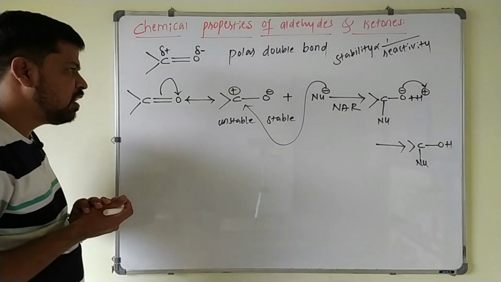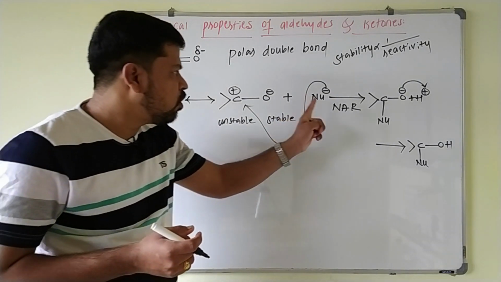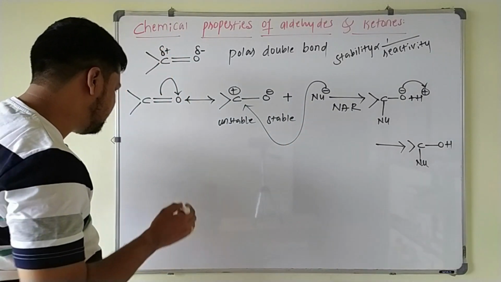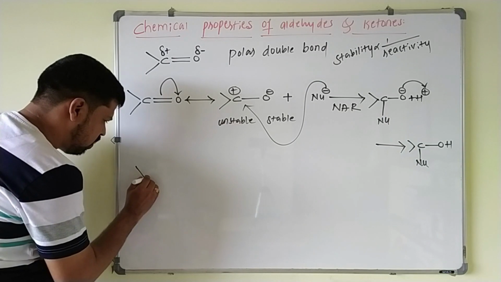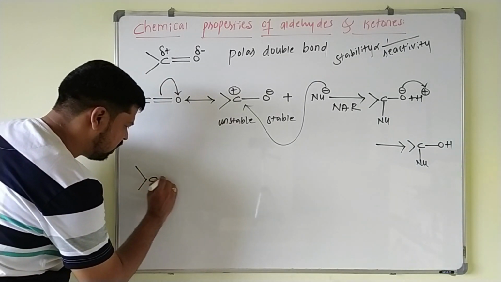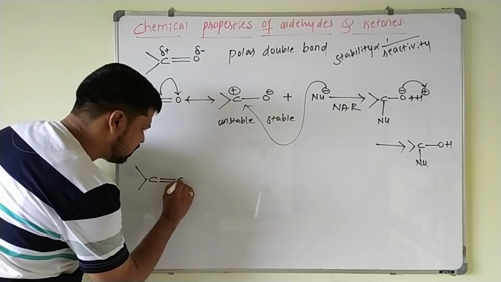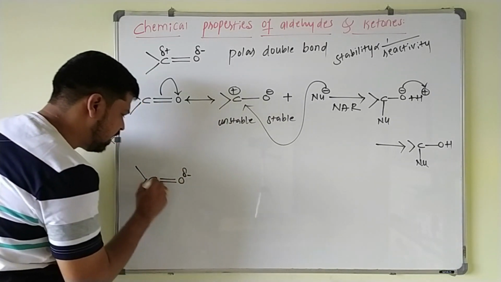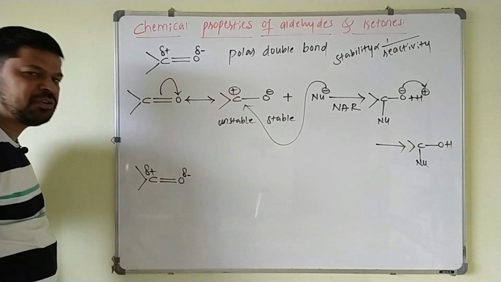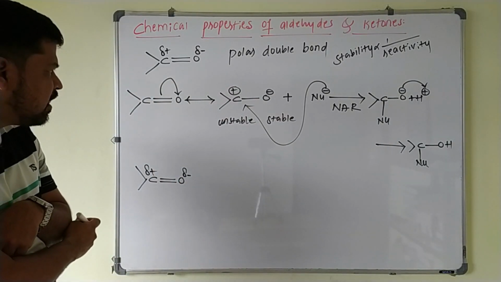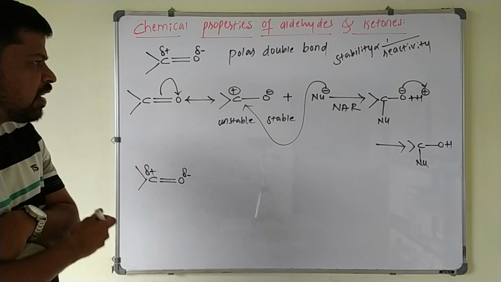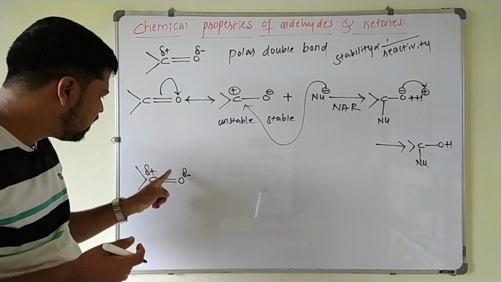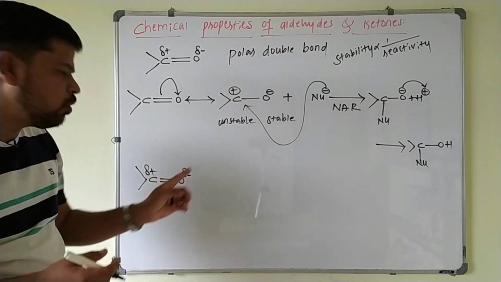Now you see here, actually this nucleophile will attack the carbonyl carbon which is having a partial positive charge. This is the carbon-oxygen double bond, and here it has a partial negative charge and this is a partial positive charge. This is nothing but the negative electromeric effect, in which a negative species attacks the carbonyl carbon, then the pi electrons are forced to move towards the oxygen.